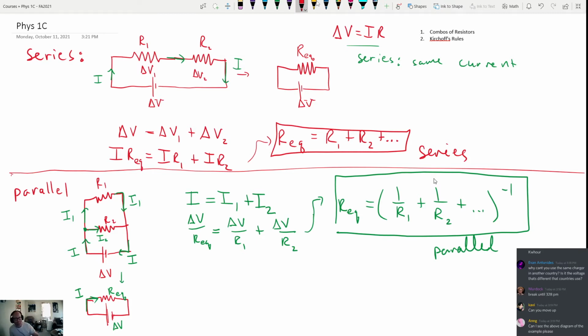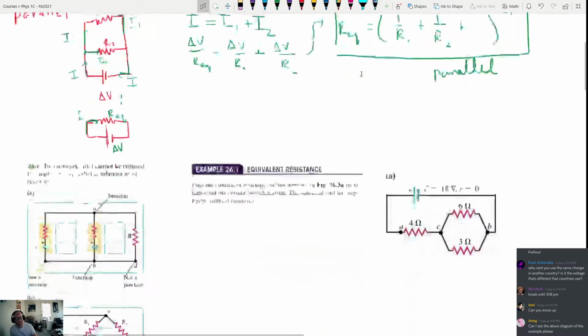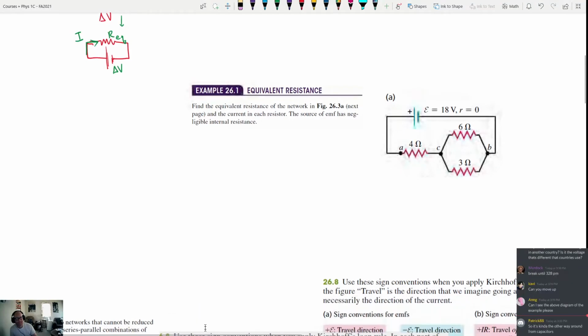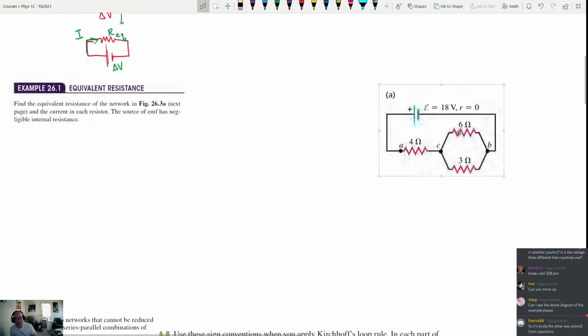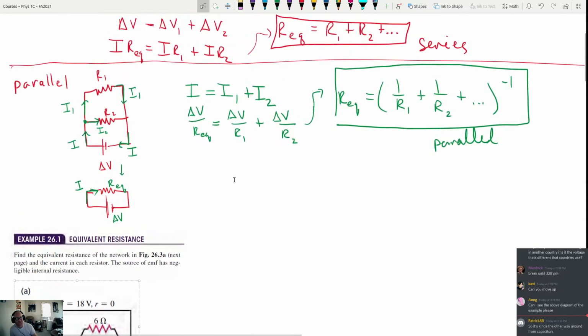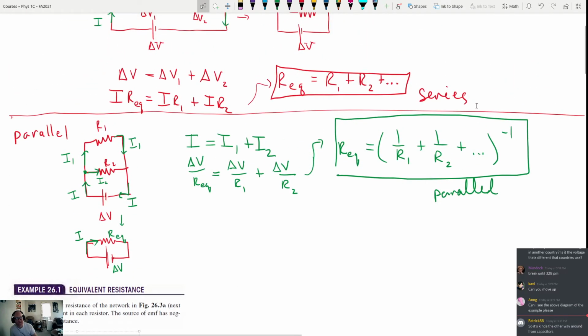Any questions? Yeah, it's reversed from capacitors, because for capacitors, this would be parallel and this would be series.